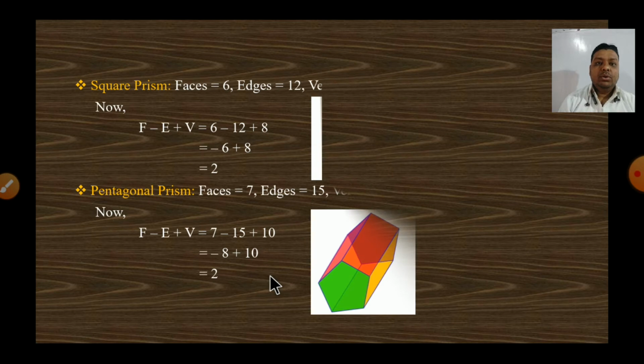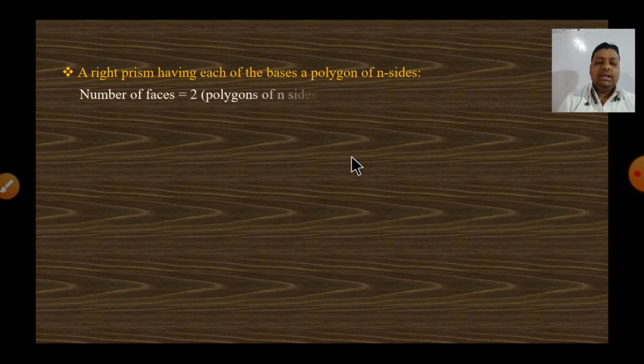Friends, consider a right prism having each base a polygon of n sides. In this case, because only the base will change, it will form some rectangles in the middle also.